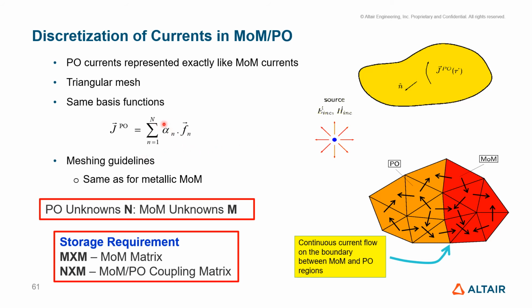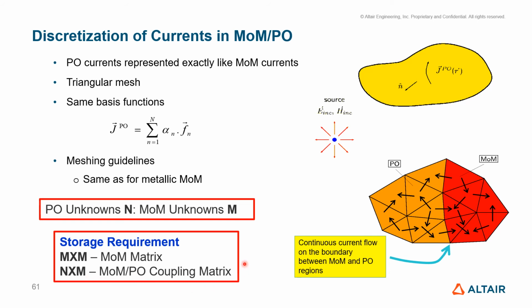And of course, the coefficients are calculated by the 2n cross H approximation that we talked about in the previous slides. So one thing to note here is that because of the tight coupling that we have, physical optics unknowns are n and method of moments unknowns are m. You will have an m by m matrix for the method of moments part, and an n by m matrix for the coupling matrix part.